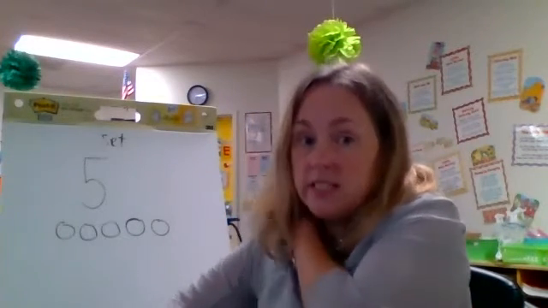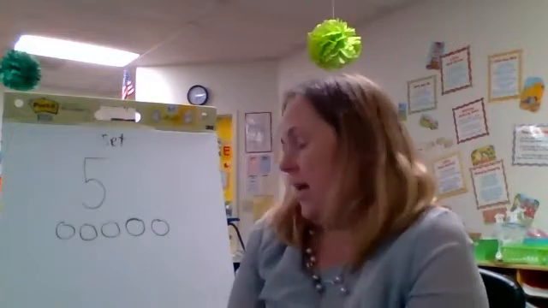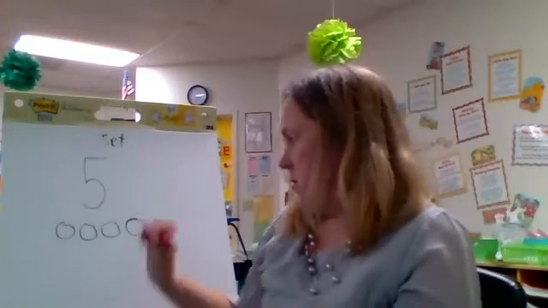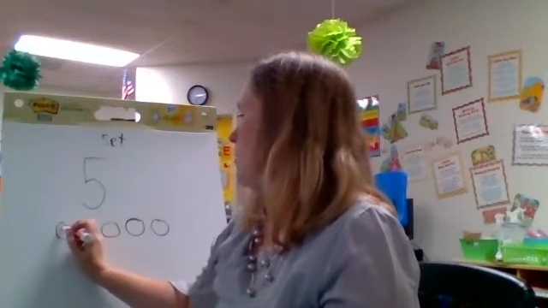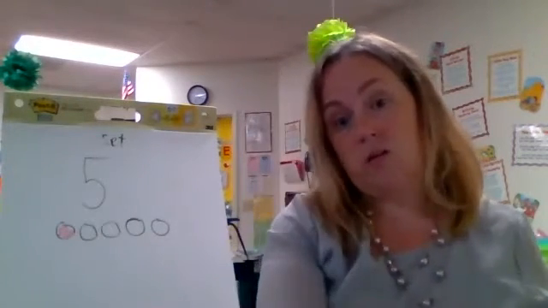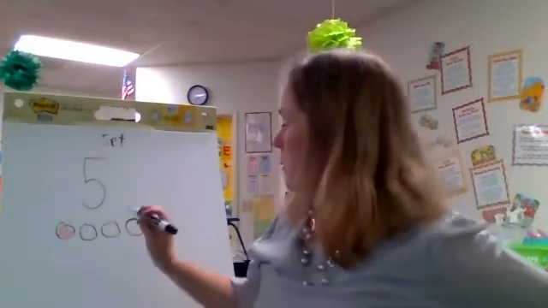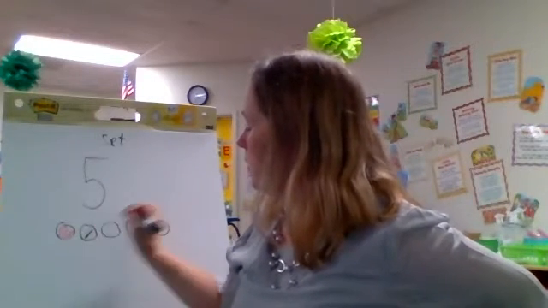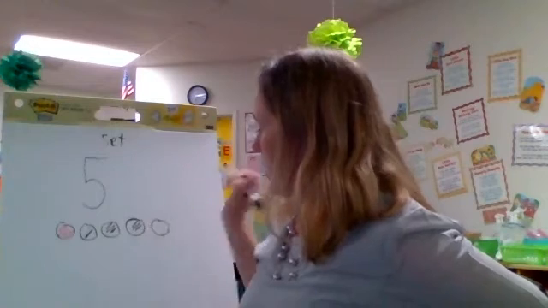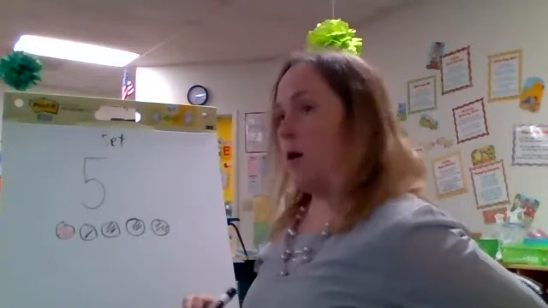Okay. So the easiest way to do this, I've found, is to color starting with 1. So Miss Beck is going to color 1 red, and then I'm going to color the rest of them black. 1, 2, 3, 4.